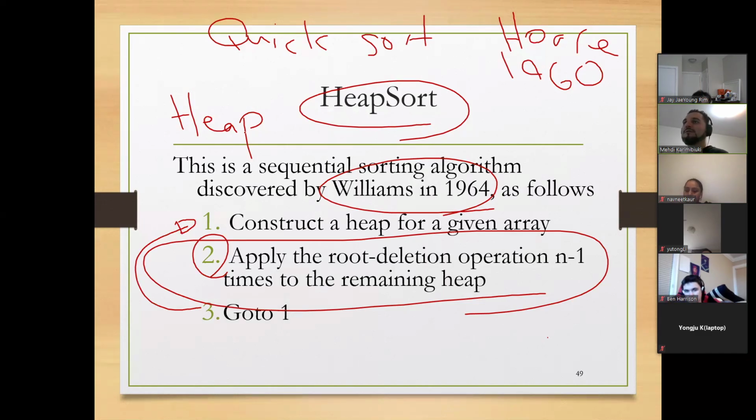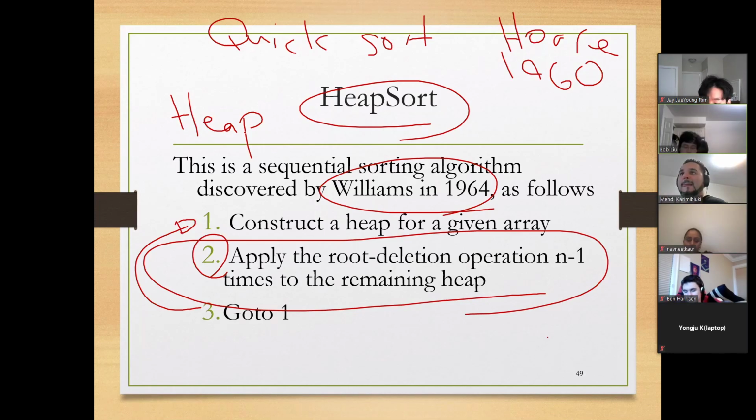Any thoughts? Because it has the max on top of it, so if you want to sort it, descending is largest to lowest, right? Exactly.